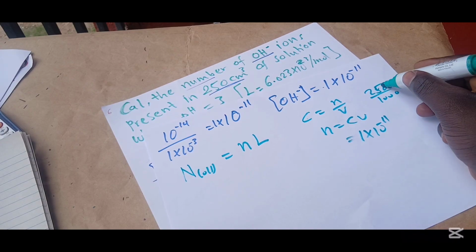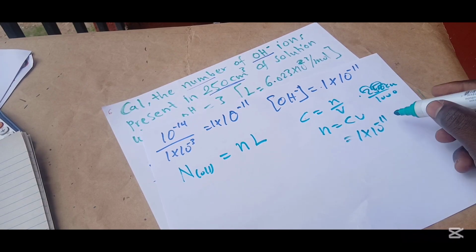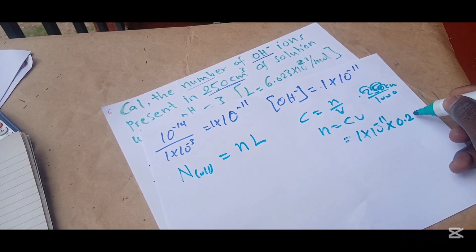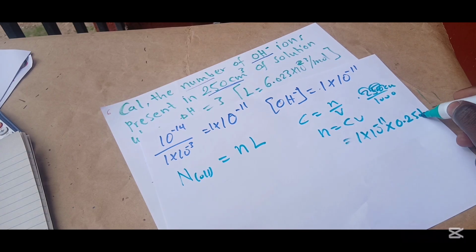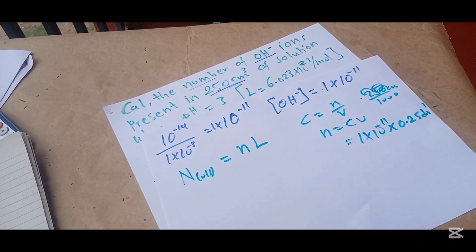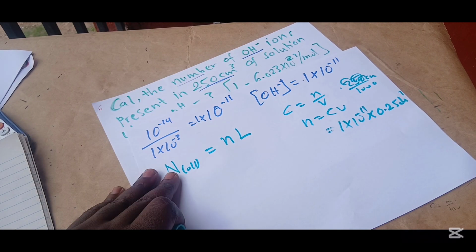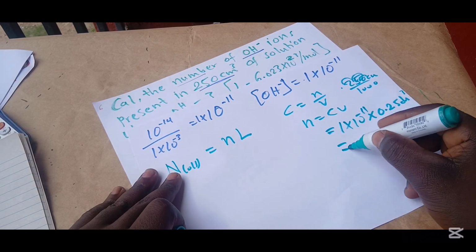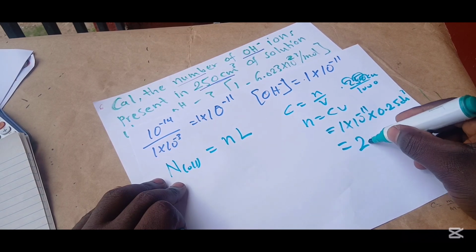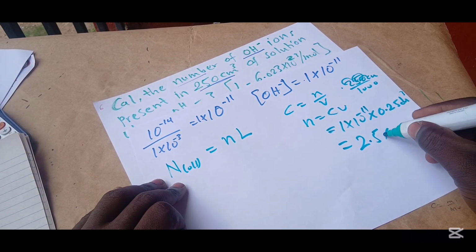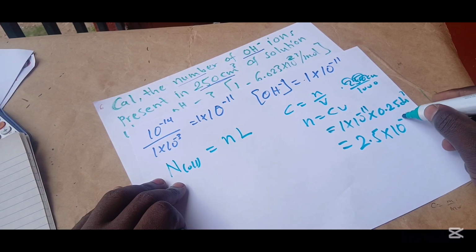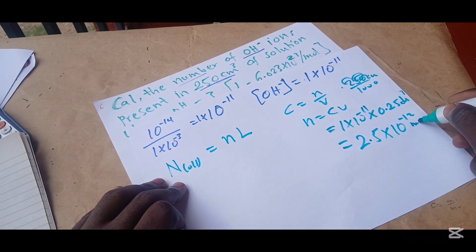So this is going to be multiplied by 0.25 dm cube. Simplifying this is going to give us 2.5 multiplied by 10 to the power minus 12 moles.